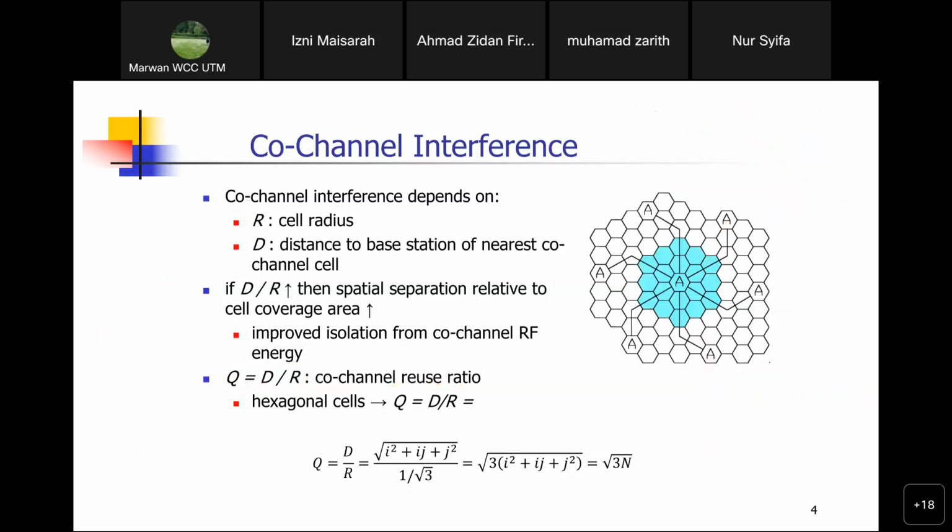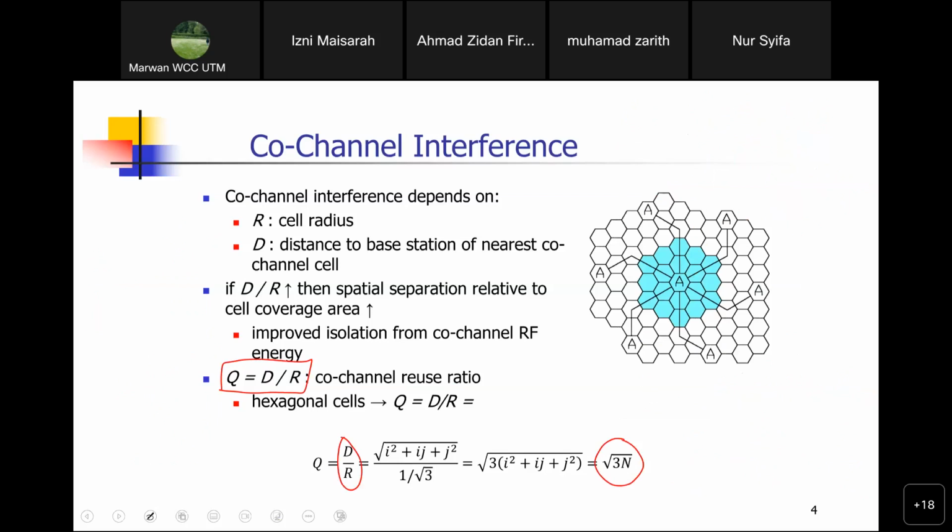Okay, it depends on D divided by R. And we know D divided by R is given by square root 3n. This is when we derive the distance using the area of the hexagon.